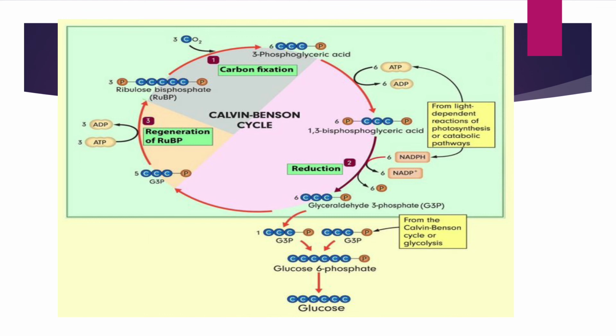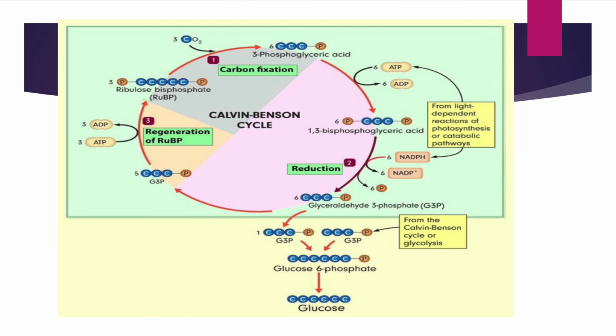Now let's see about regeneration of RuBP. After that, the other 5 molecules of glyceraldehyde 3-phosphate continue in this cycle. 5 molecules of glyceraldehyde 3-phosphate are converted into 3 molecules of ribulose 5-phosphate. In this step, 2 inorganic phosphates are released.